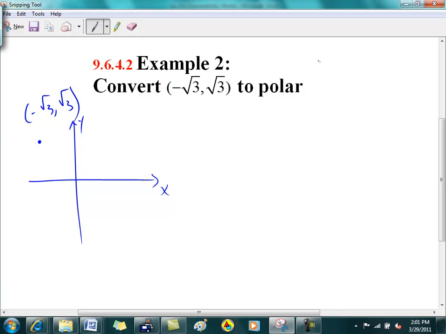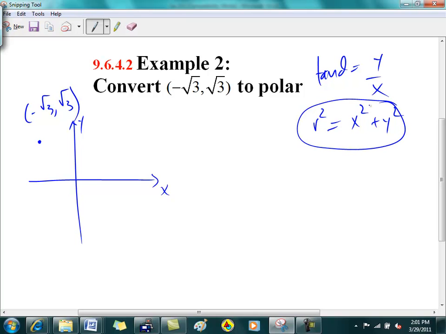Fantastic, good job, Nick. Tangent theta is equal to y over x, and the other one? There are two equations you need to know. X squared plus y squared. These are the two equations that take you from Cartesian to polar. So let's use the second one first. And I'm going to take a leap here and see if you guys can keep up with me.